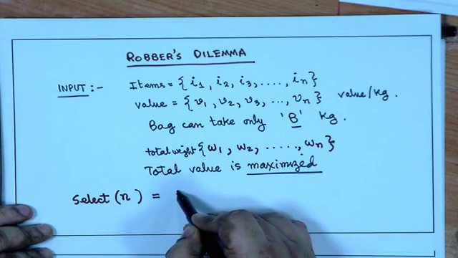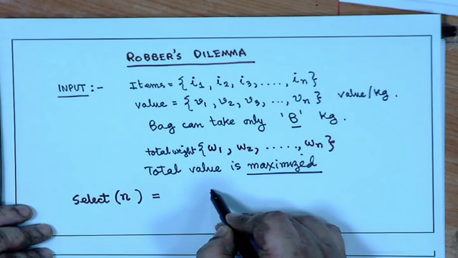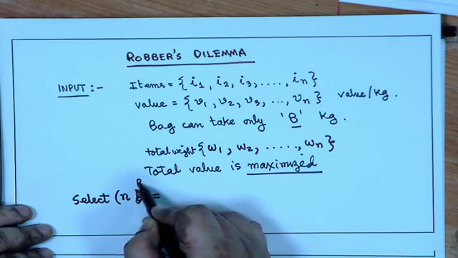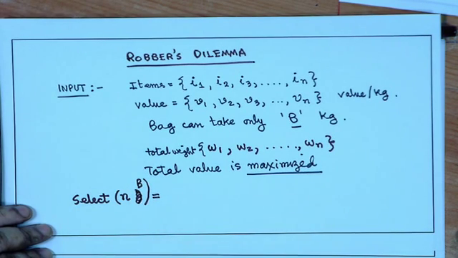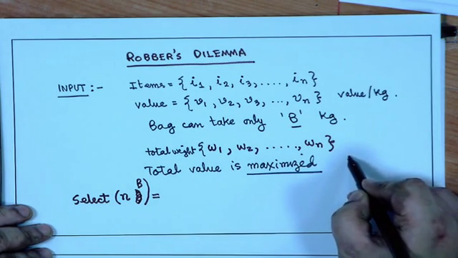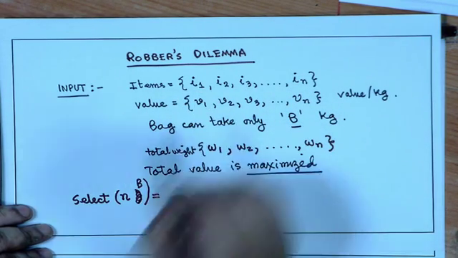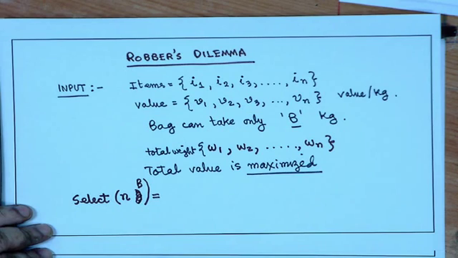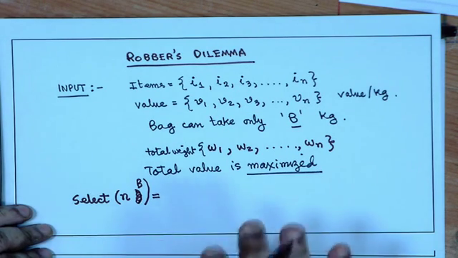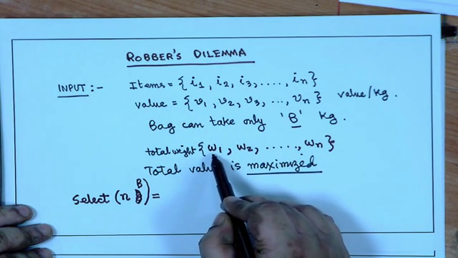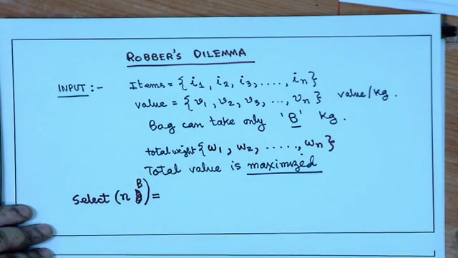So, he will have to decide that in order to select n items of a total capacity B, he will take the first item. There is the list of items I1 to In. So, he chooses the first item and he has the following choices. He can take any value between 0 to W1.